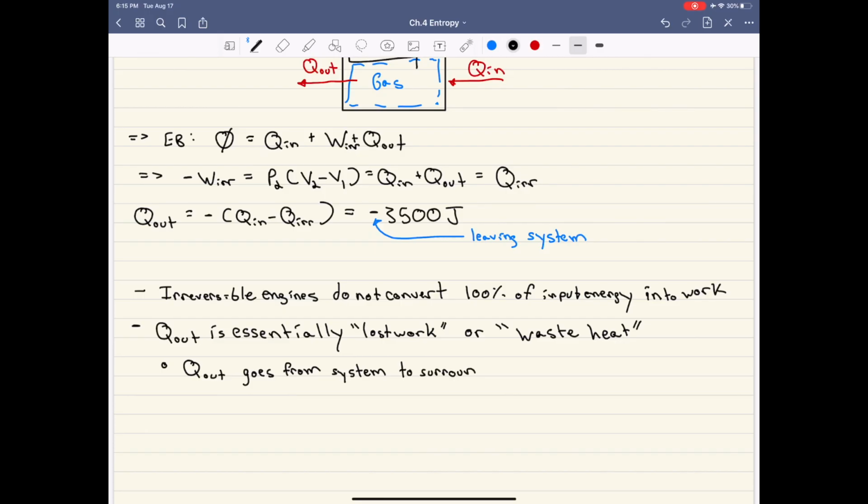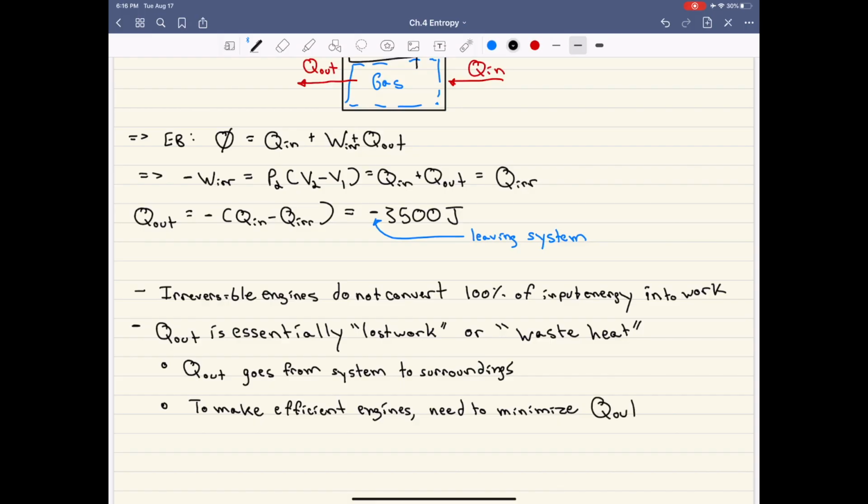And essentially, if your goal was to make as efficient of an engine as possible, what you would want to do is minimize the value, or the magnitude, of Q out. So if you want to make an efficient engine, you need to minimize Q out. All right?